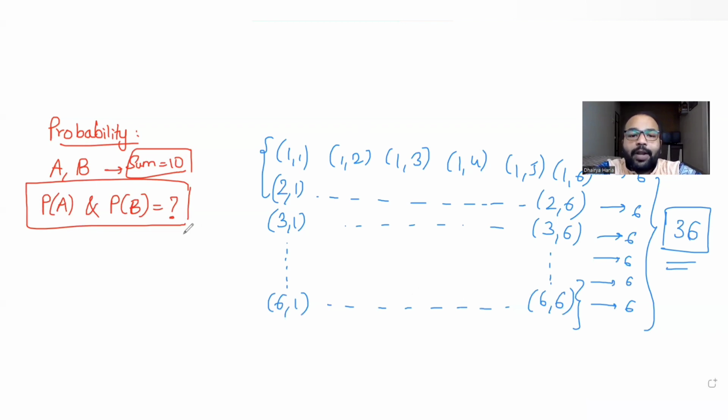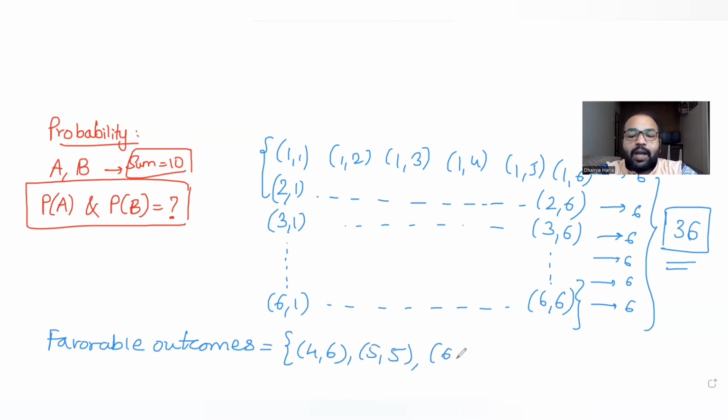of dice. And the favorable outcomes are those where the sum should be equal to 10. So the favorable outcomes are: I can have 4 and 6, the sum becomes 10. I can have 5 and 5, the sum becomes 10. And I can have 6 and 4, the sum still becomes 10.